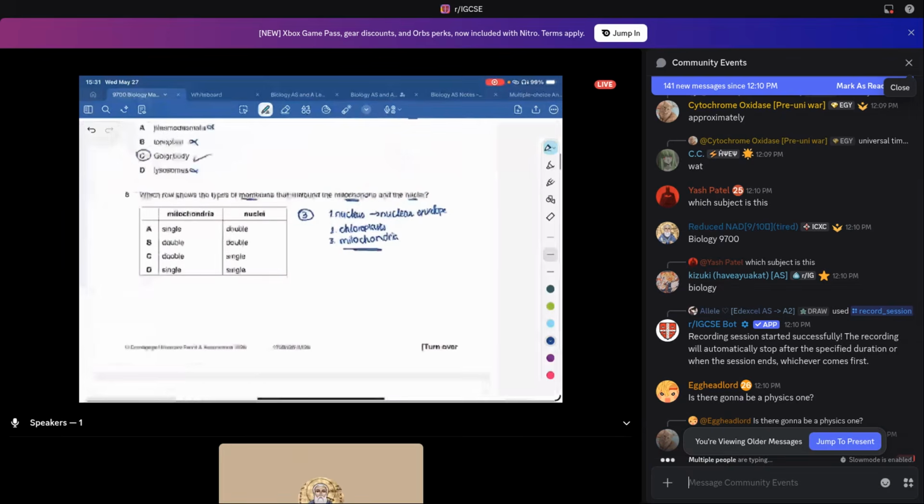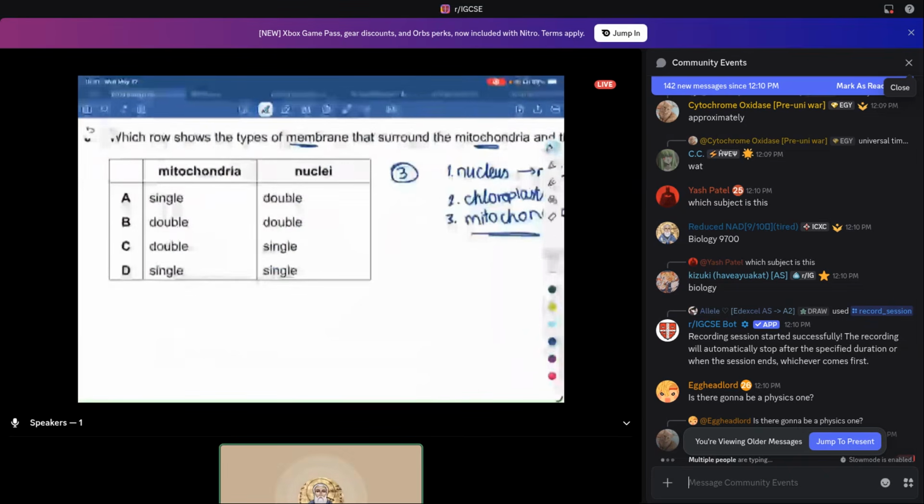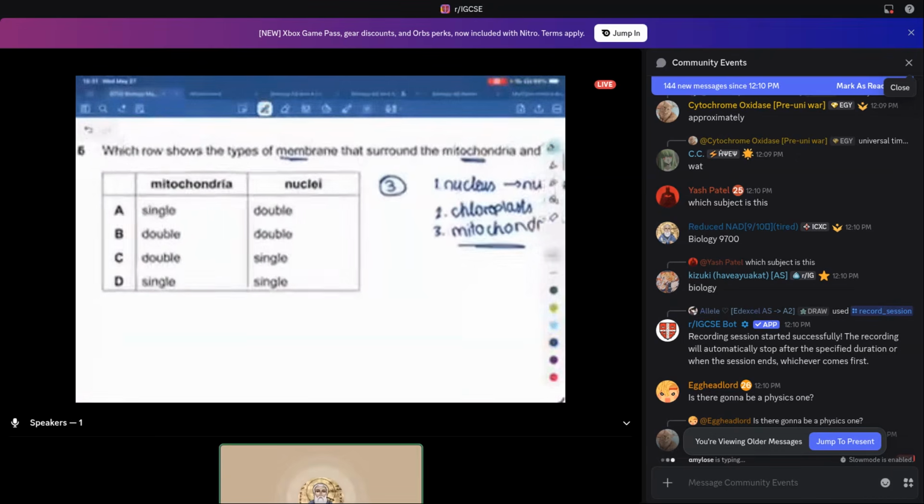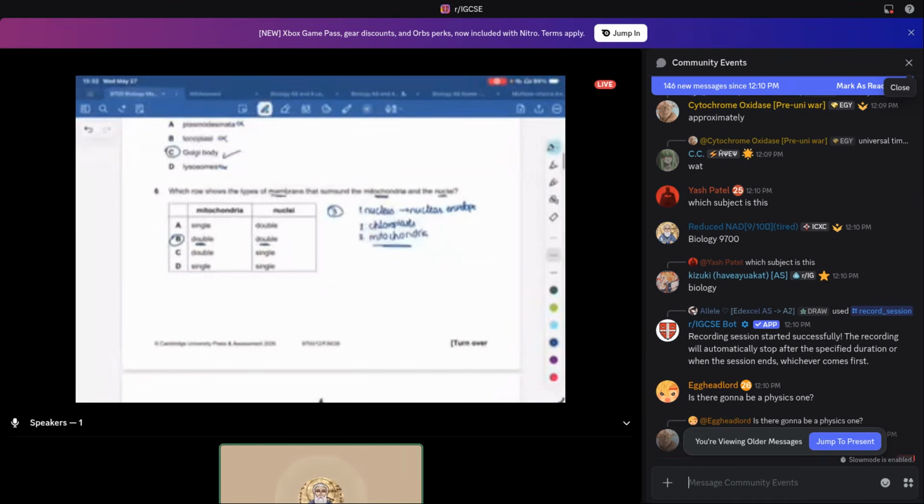So this endocytic vesicle membrane, in addition to the original cell surface membrane of the bacteria, of the original archaea and cyanobacteria, forms the double membrane of the mitochondria, and the nucleus has a double membrane for protection. So mitochondria double and nucleus double. The answer is B.